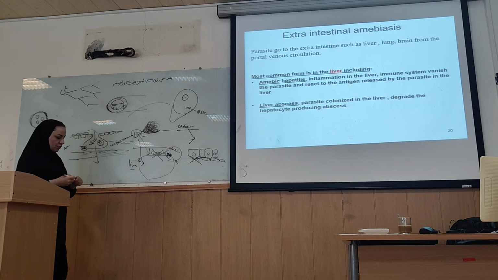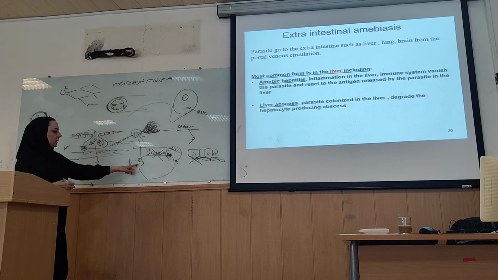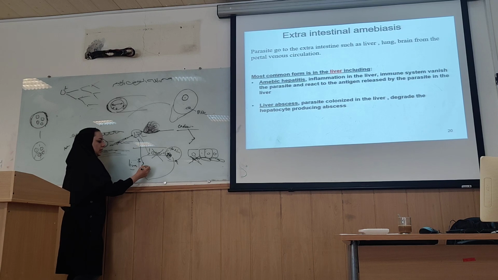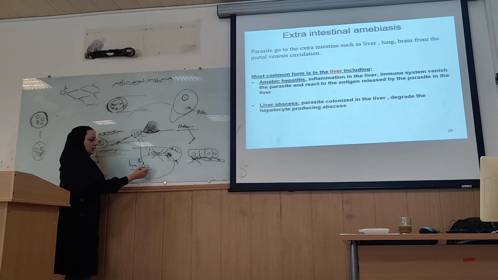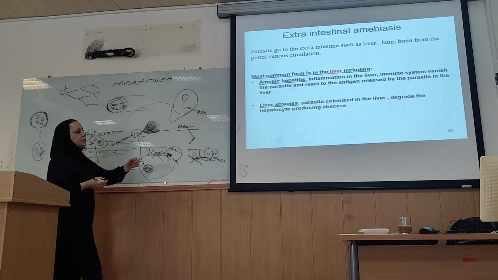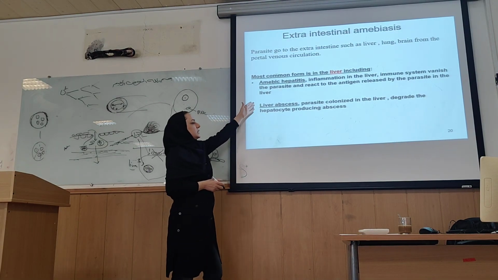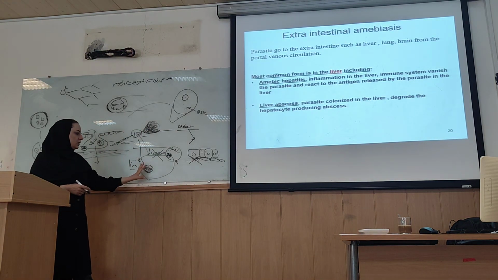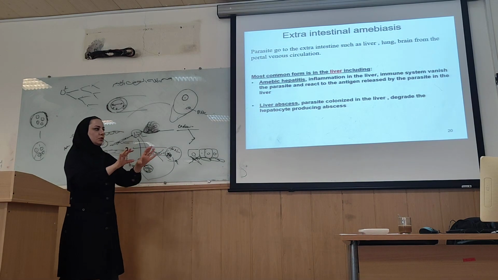In the second choice, which mostly happens, our immune system can't degrade the amoeba, and the amoeba attaches to the hepatocytes in the liver and gradually produces abscesses. Mostly this happens: the amoeba goes to the liver, the immune system can't kill the protozoa, and the protozoa attach to the hepatocytes.